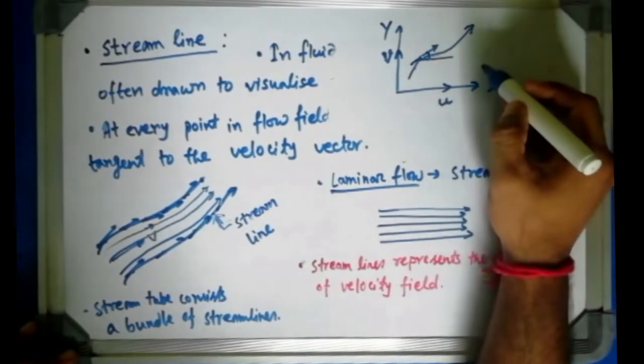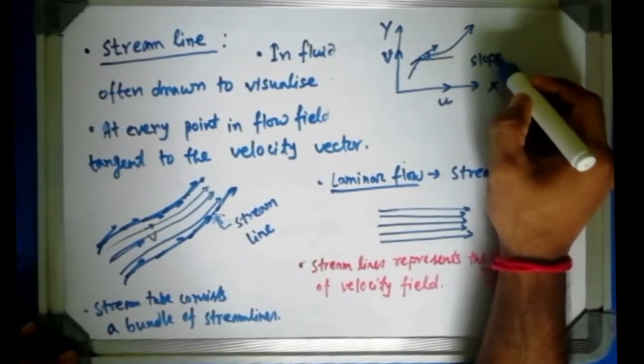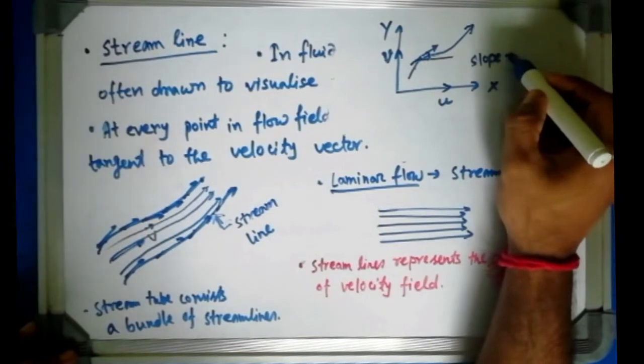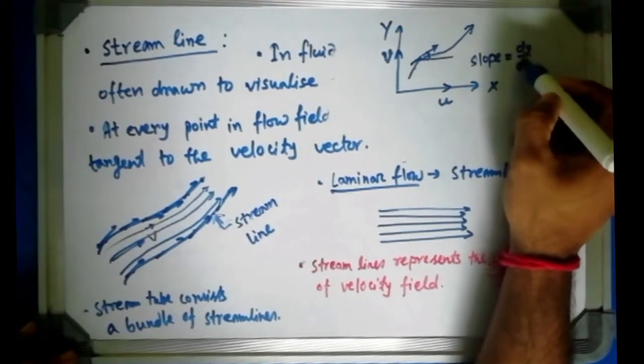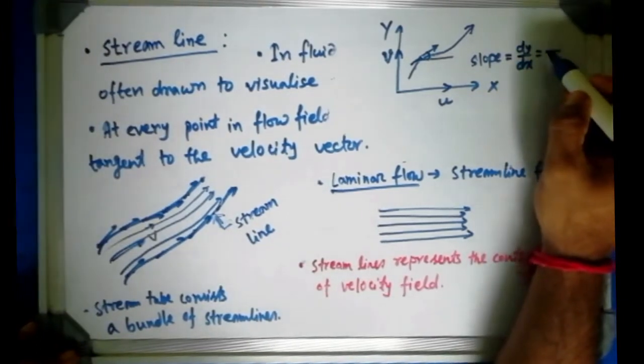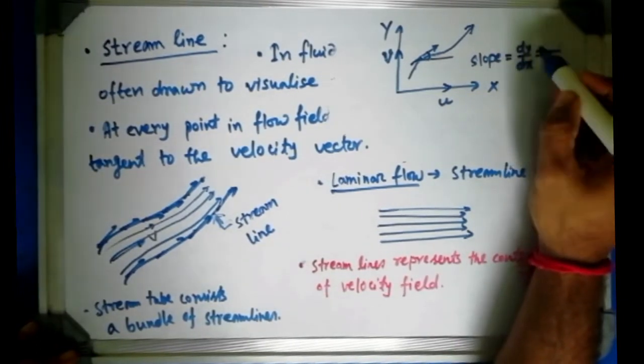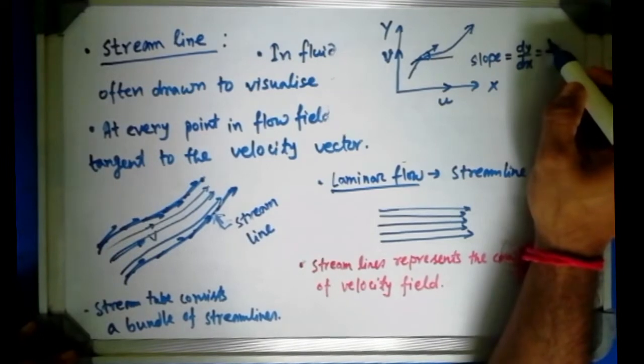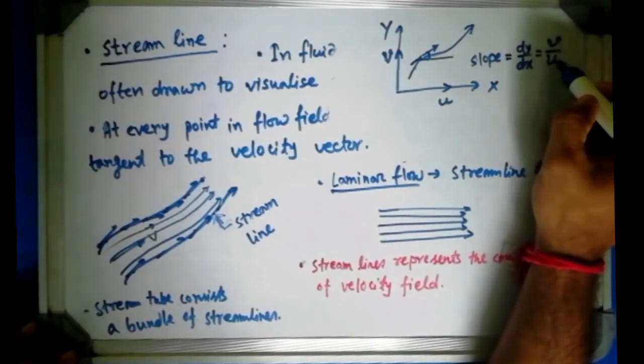I can represent the slope of this particular tangent like dy by dx, obviously the gradient, and in terms of u and v, the vertical component will be v and the horizontal velocity component is u.